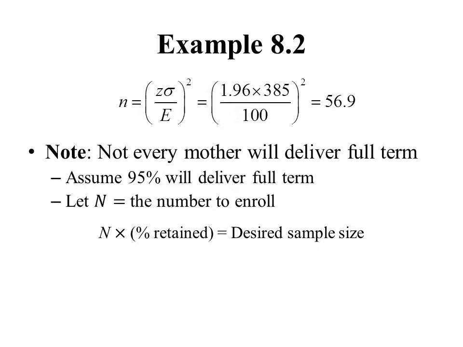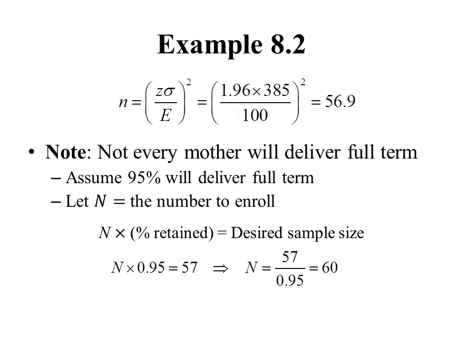And so n times the percent retained, or the percent that are going to deliver full term, equals the desired sample size. So this simple formula right here takes into account my attrition rate and the actual desired sample size that we just calculated up here.